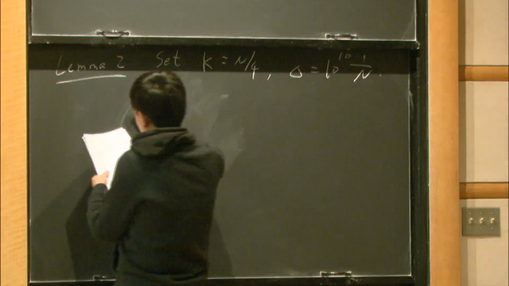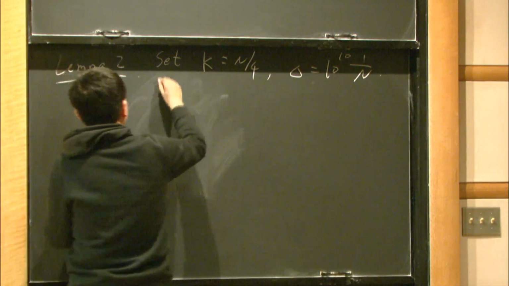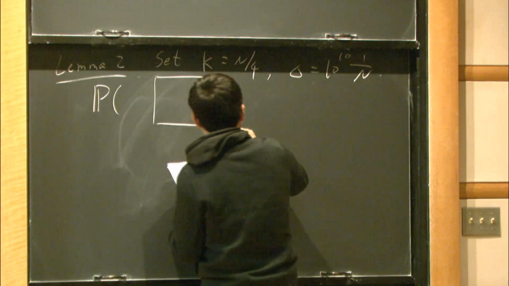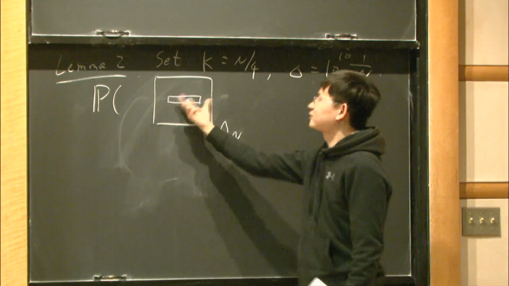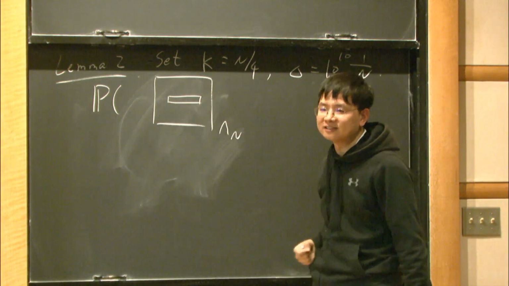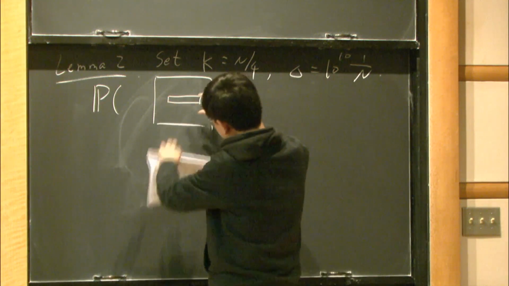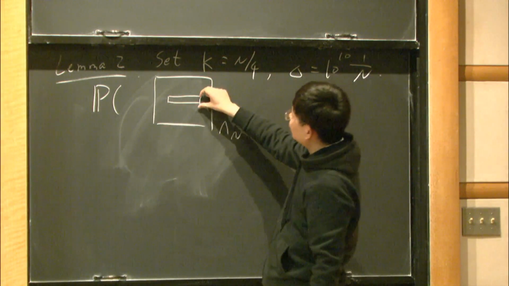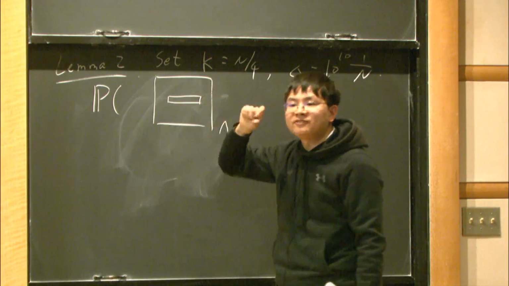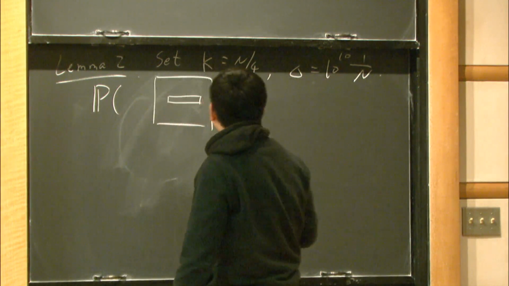And I claim that the probability, you look at a box, this is Lambda_n, and look at some rectangle inside, use some imagination. These are of comparable sides, but let's say I can lose a constant. The rectangle can be oriented in any direction, it doesn't matter. The rectangle has to be fixed, but it can be 1 to 100, I don't care.